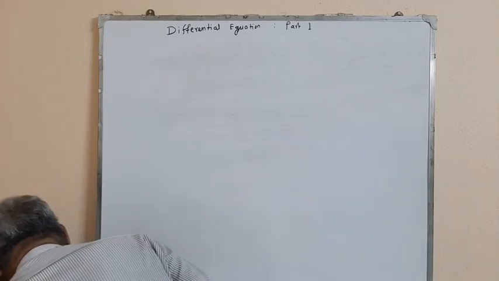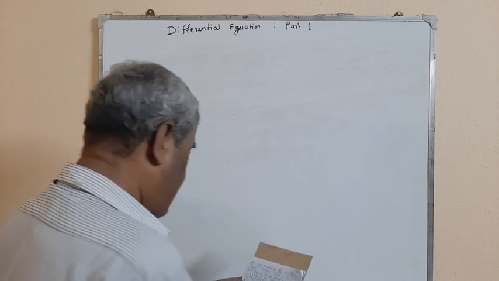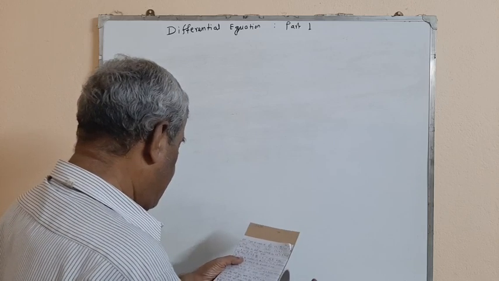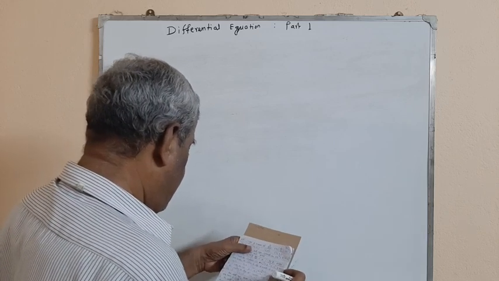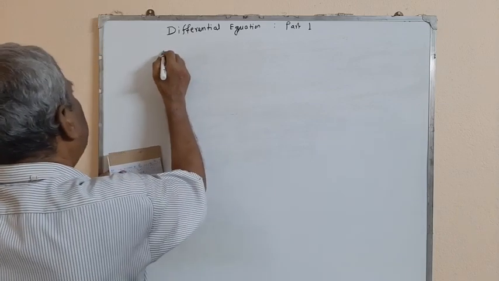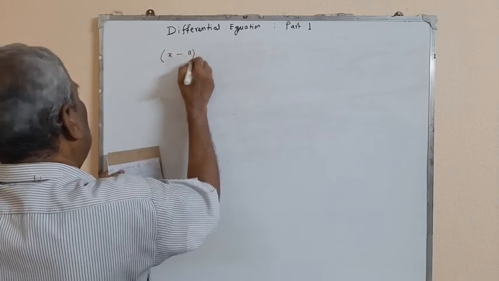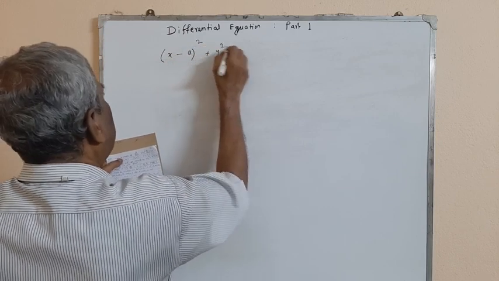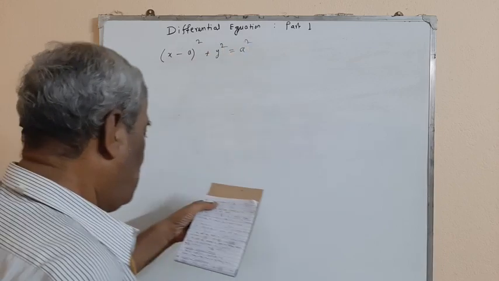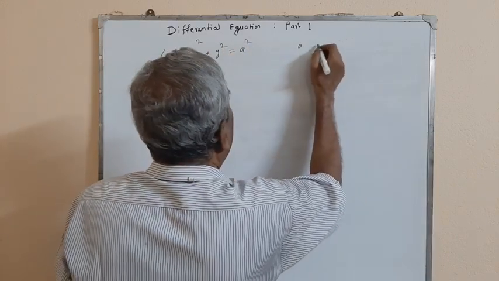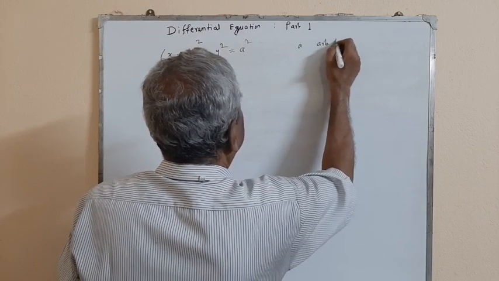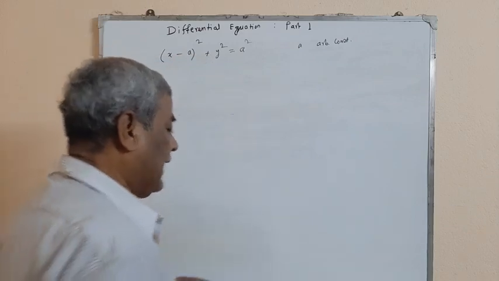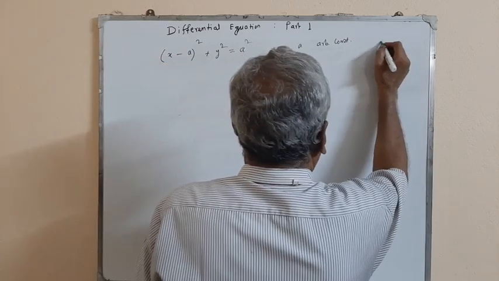Next, from the relation (x minus a) whole square plus y square is equal to a square, where a is an arbitrary constant, obtain the order and degree of the differential equation.